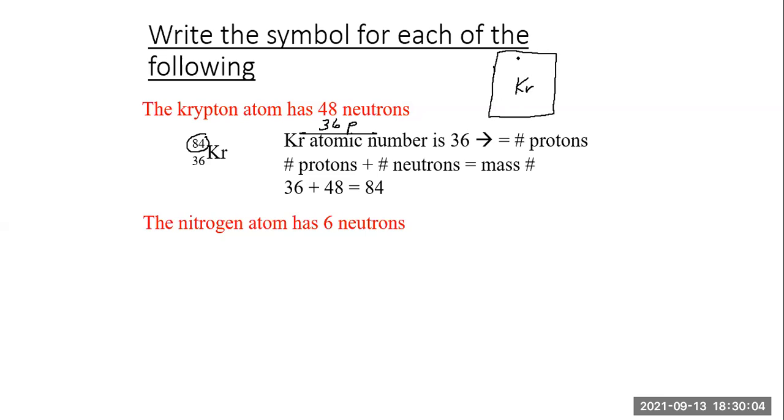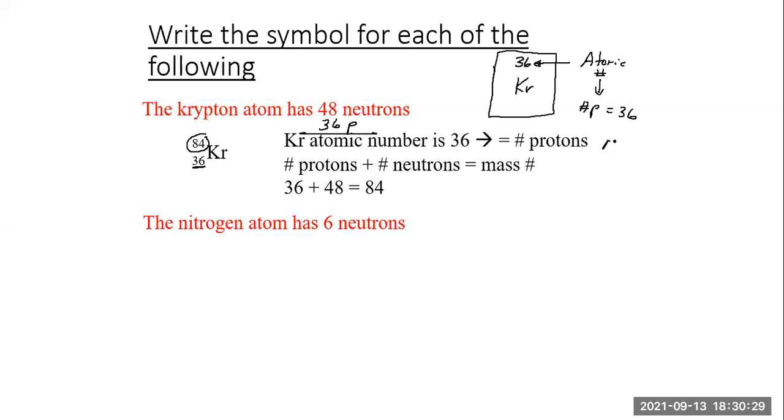Above that symbol should be a 36, and that is, as we've been talking about, the atomic number. That atomic number should end up at the bottom left of the symbol. That 36 also tells us the number of protons, which means that krypton here has 36 protons.